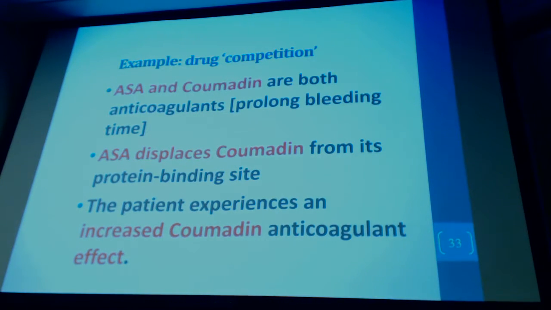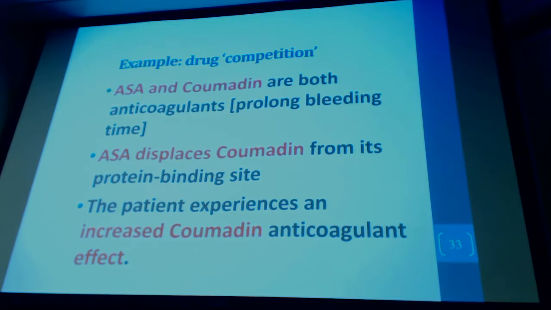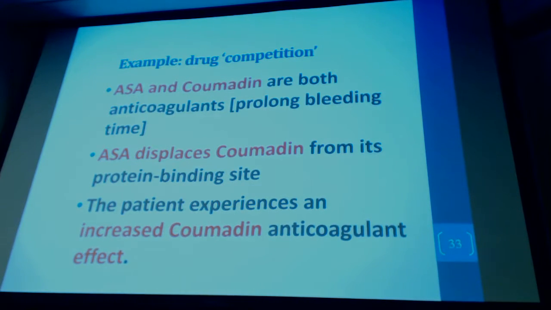We do blood work every day to make sure the dose we've ordered is in that range. Great. The patient goes home. They watch TV, and what do you see every 30 seconds on TV? Take aspirin. It prevents heart attacks, stroke. Maybe I should take that. They go down to Stop and Shop and pick up aspirin. Do they tell anybody? No, because it's not a medication. It's in Stop and Shop. So now we get their blood work back, and their Coumadin levels are through the roof. What happened?